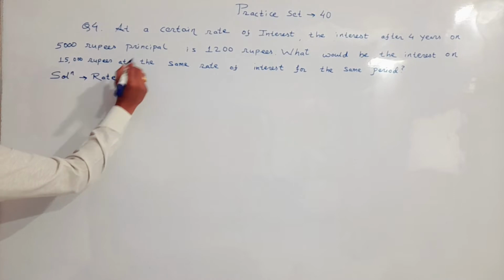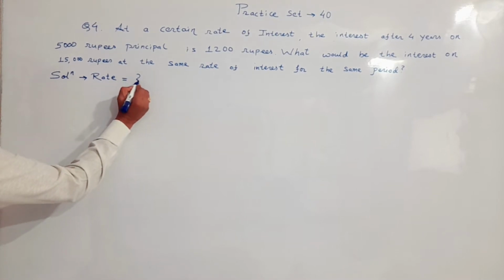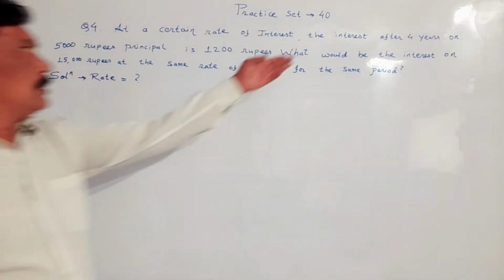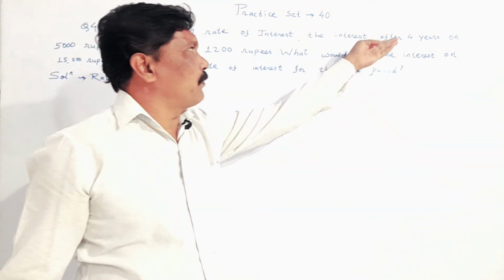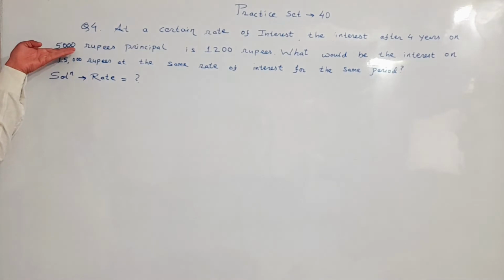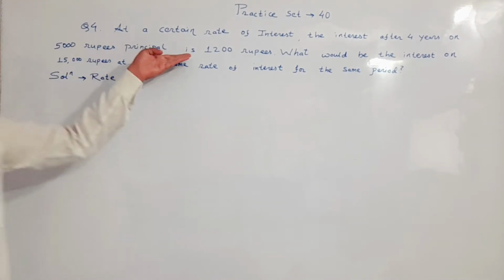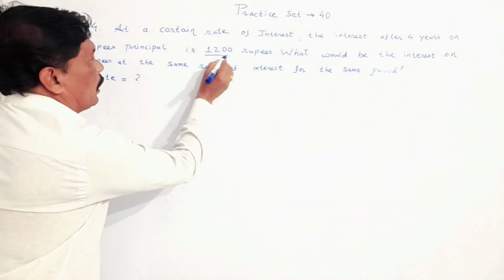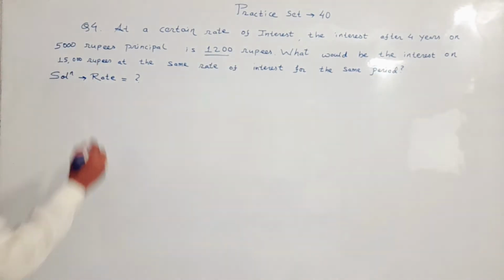Rate we don't know, so we have to find it. The interest after 4 years on 5,000 rupees principal is 1,200 rupees.